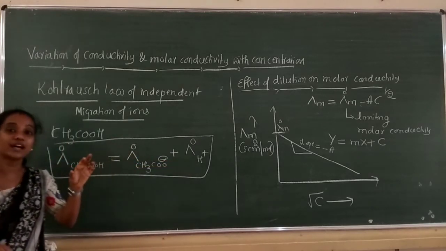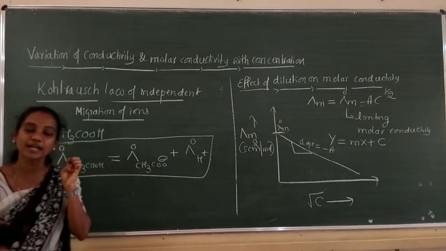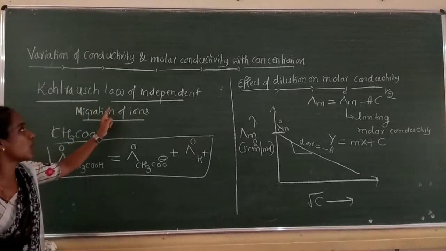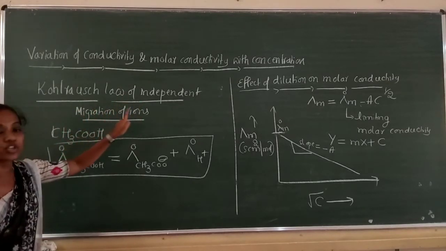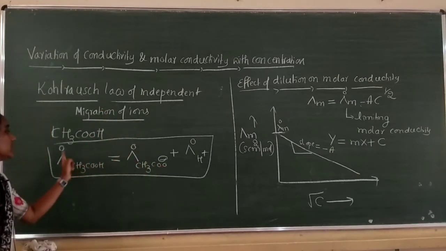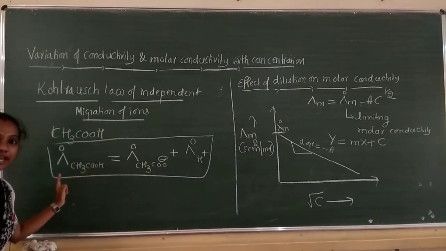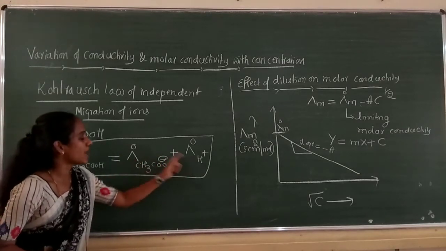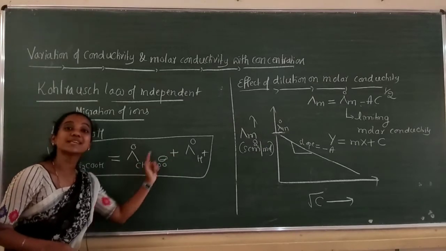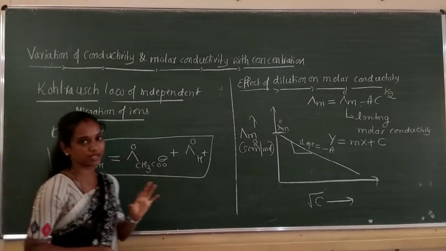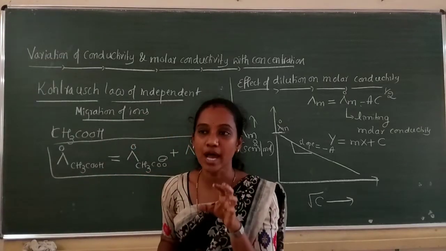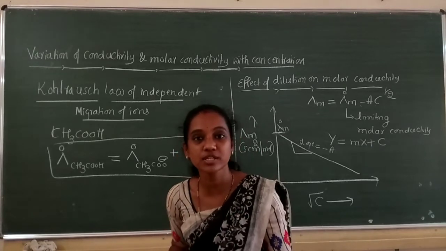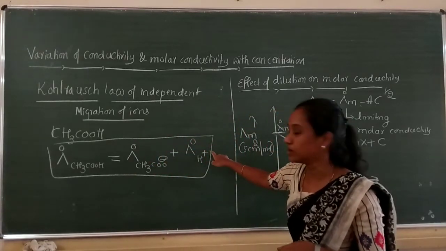So, in a weak electrolyte, to find out the limiting molar conductivity we need to go for this law, Kohlrausch law of independent migration of ions, which states that the limiting molar conductivity of an electrolyte can be represented as the summation of limiting molar conductivity of cations as well as anions. That is the statement. Limiting molar conductivity of an electrolyte is the sum of the contributions of cations and anions respectively.